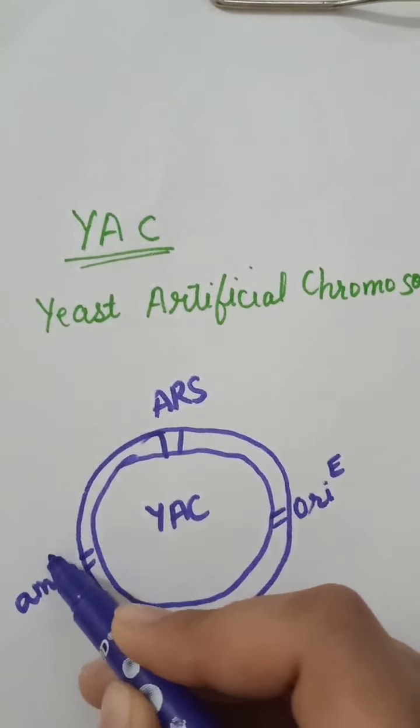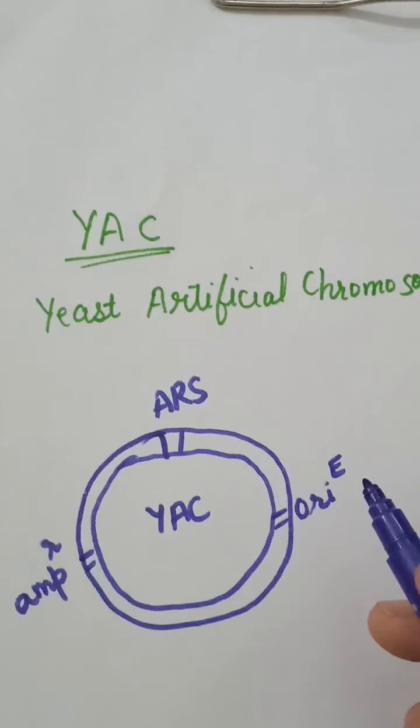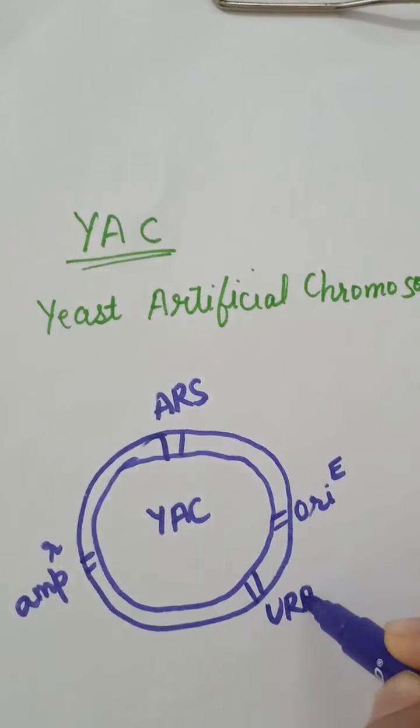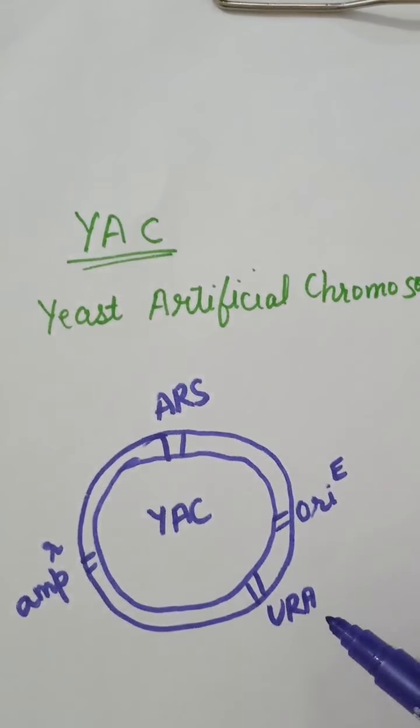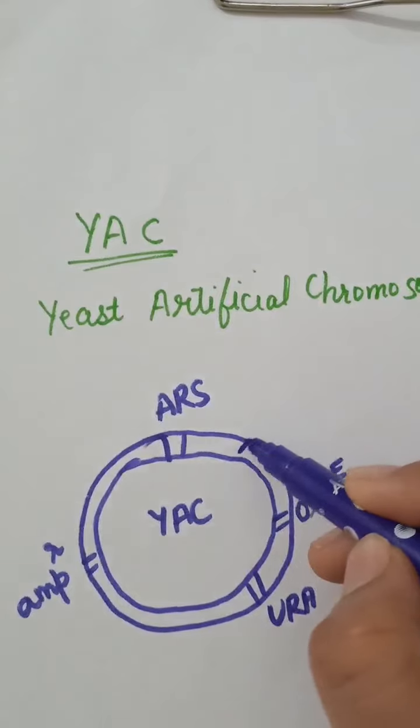Normally this ampicillin resistance gene is present in this YAC vector, and in addition to these, it has a yeast DNA sequence with genes for the uracil biosynthesis pathway, URA. Uracil is a pyrimidine base. After that, there are the genes which provide centromeric function, the CEN genes.